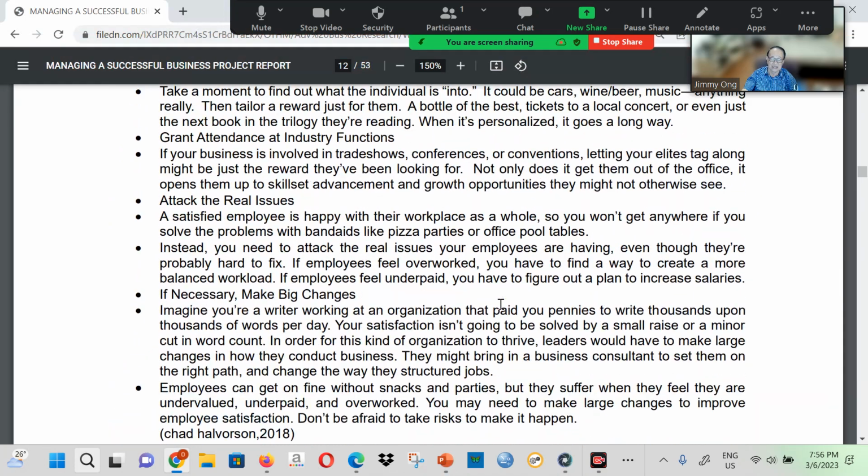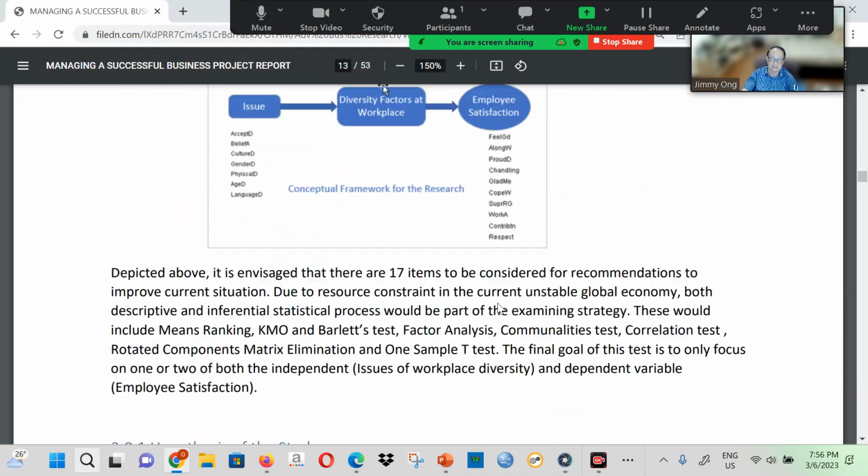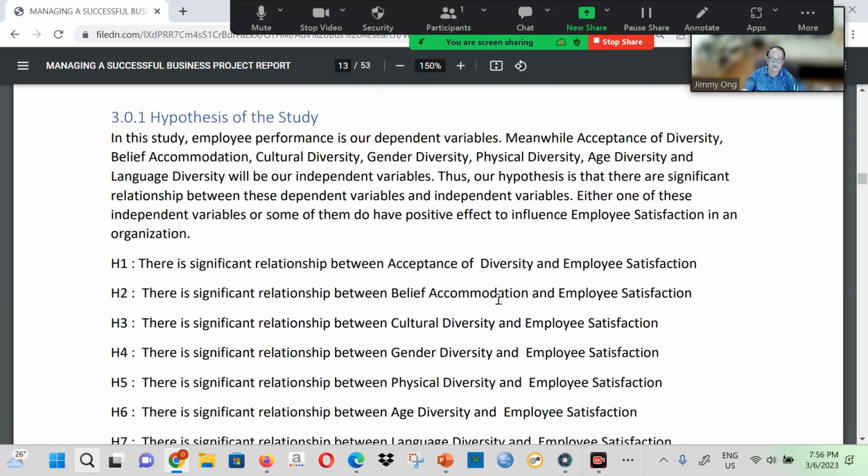So these are the students' assignment. And these are the relationships, these are hypotheses of one study, this is the study from the Chinese student, right? So you want to form a hypothesis: whether there is a significant relationship between this and job satisfaction.